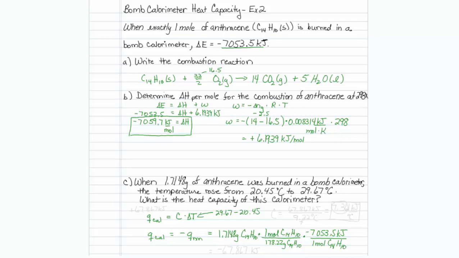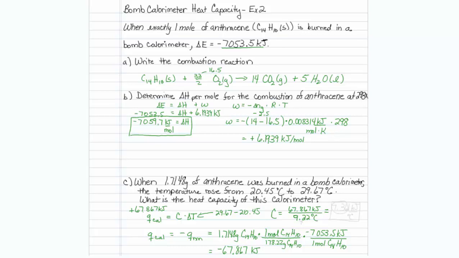So I will multiply this out, and I will determine that this is minus 67.867 kilojoules for this particular reaction in which I used 1.7 grams of material. That means Q calorimeter is going to be equal to a plus 67.867 kilojoules.